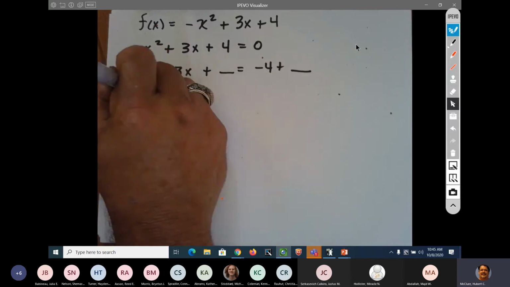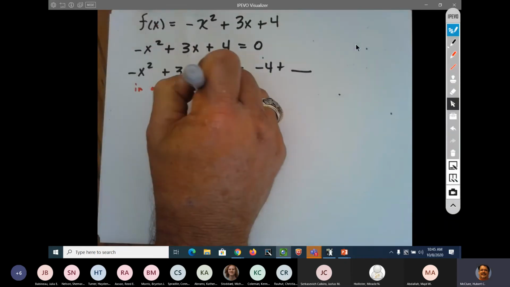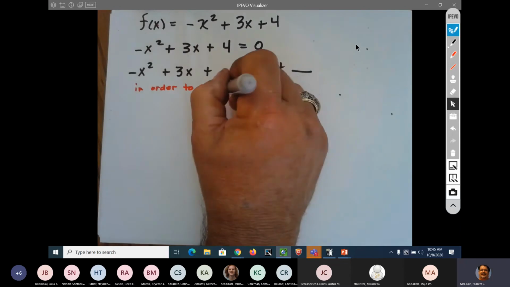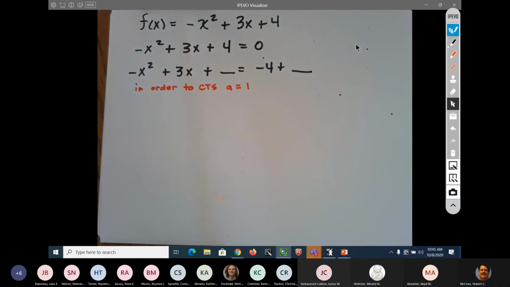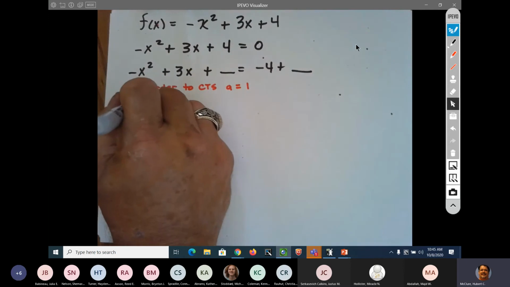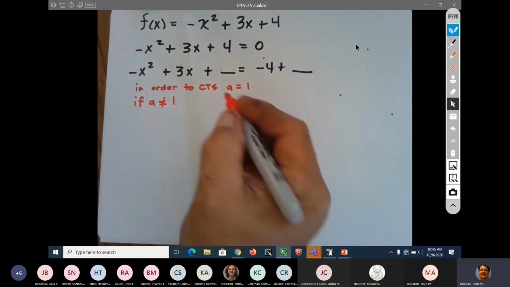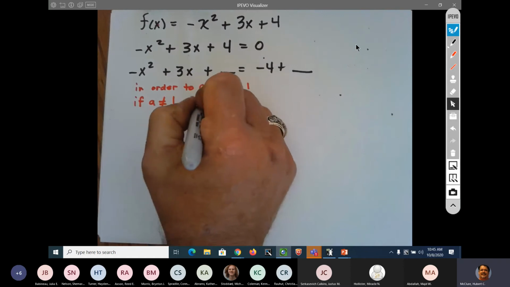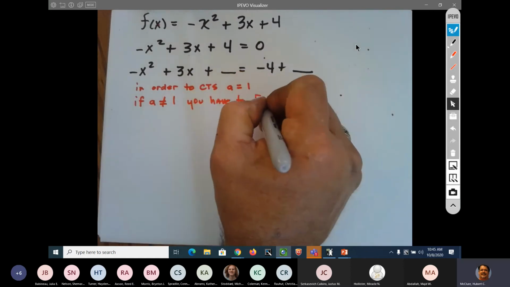In order to complete the square, A has to equal a positive 1. If A is not positive 1, then you have to factor it out.